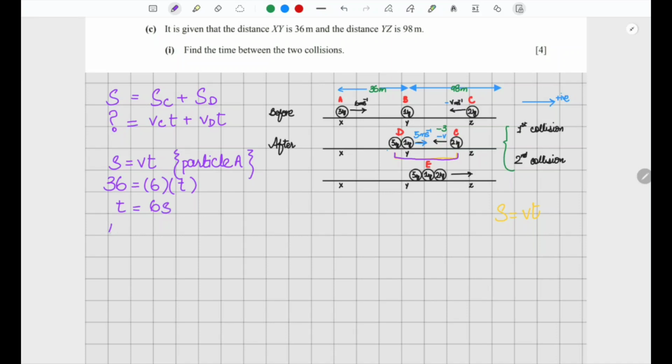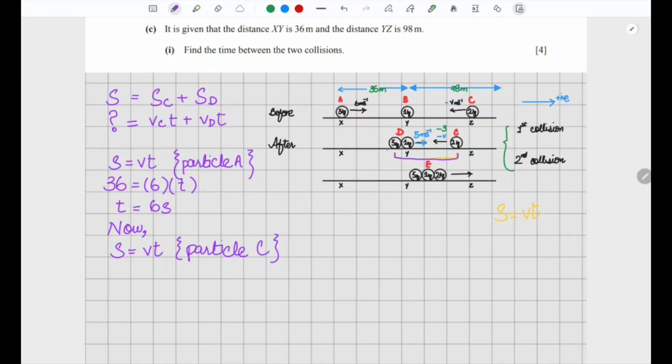Okay, now apply s equals to vt for particle C. The same time, 6 seconds, particle C has taken.